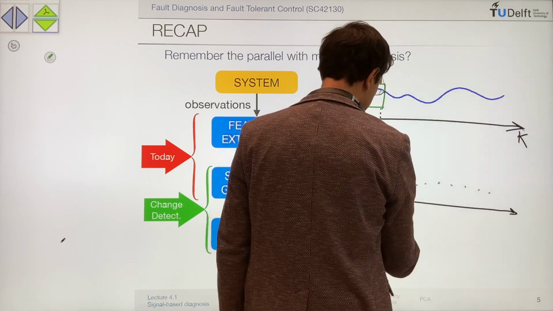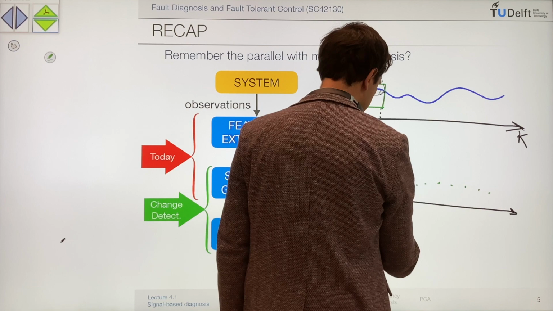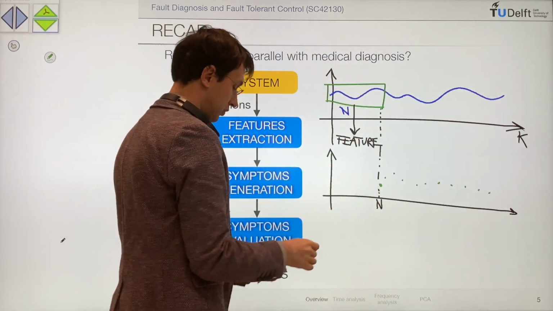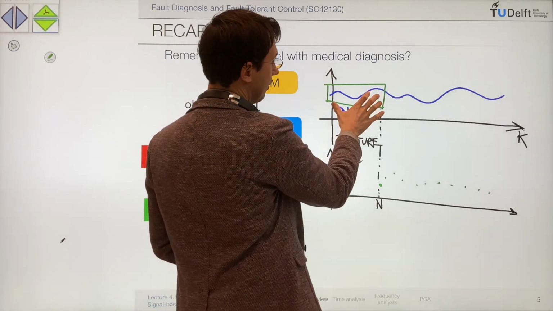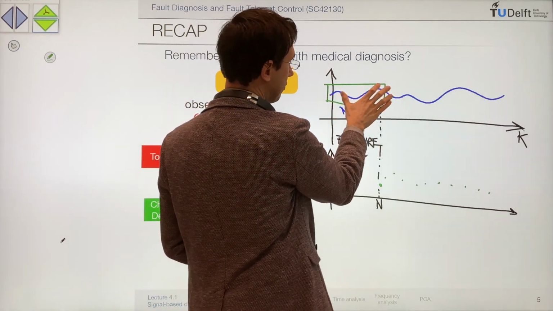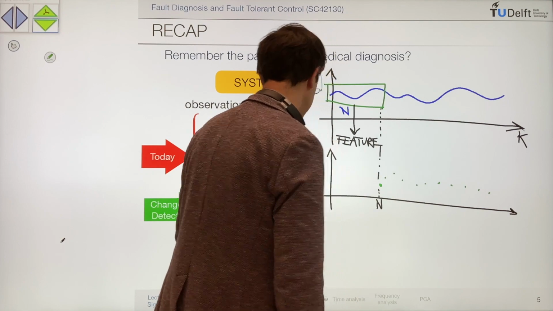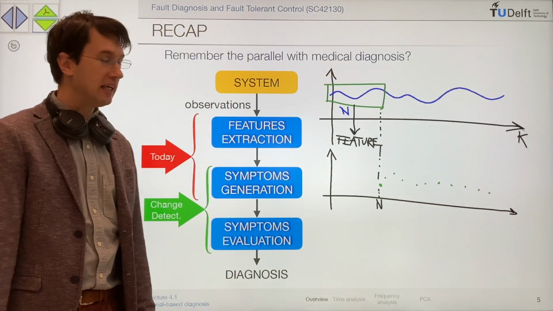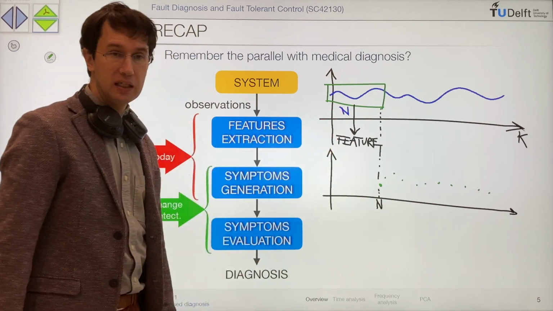So this is the sample number n. As soon as we have n of them, we can fill one window and generate one feature. We get a new sample, we move the window by one step, and we generate another feature. This is quite general, and you can also consider the case where n equals 1. This is still possible.